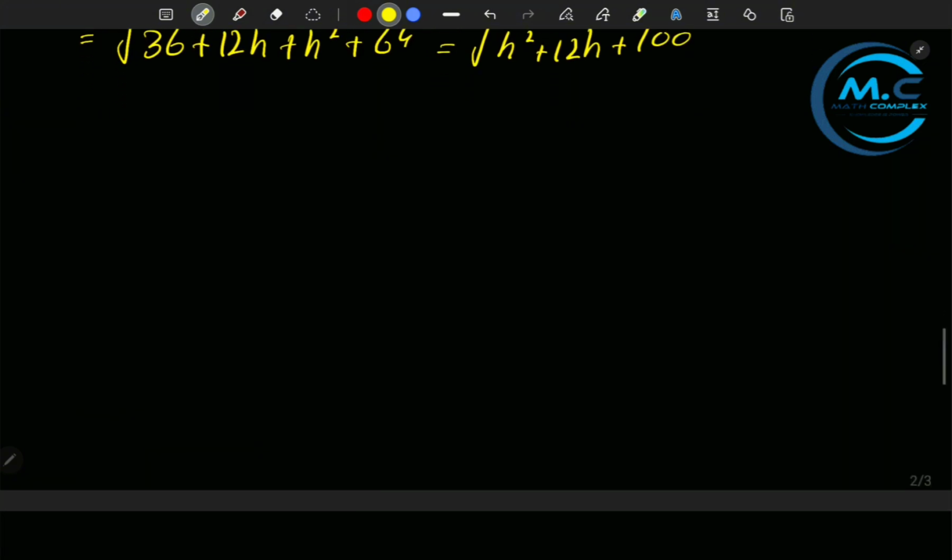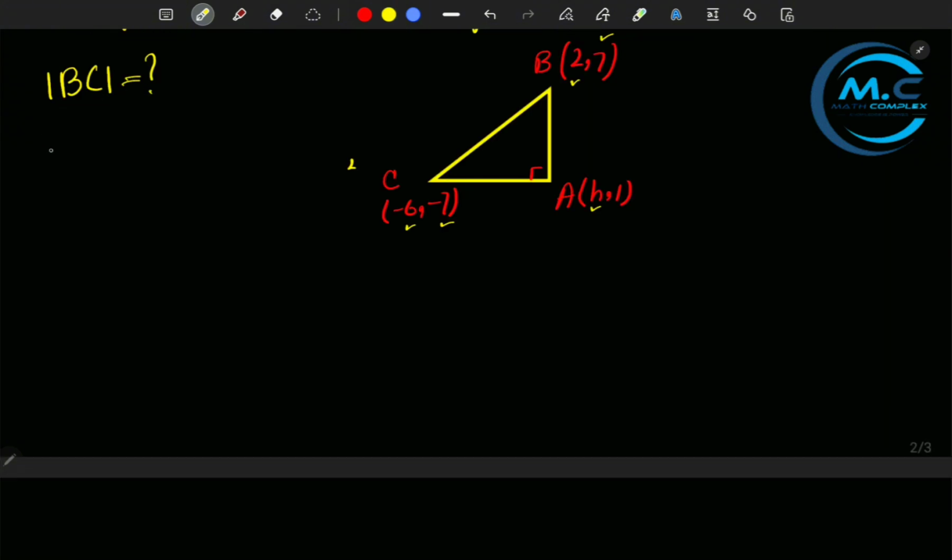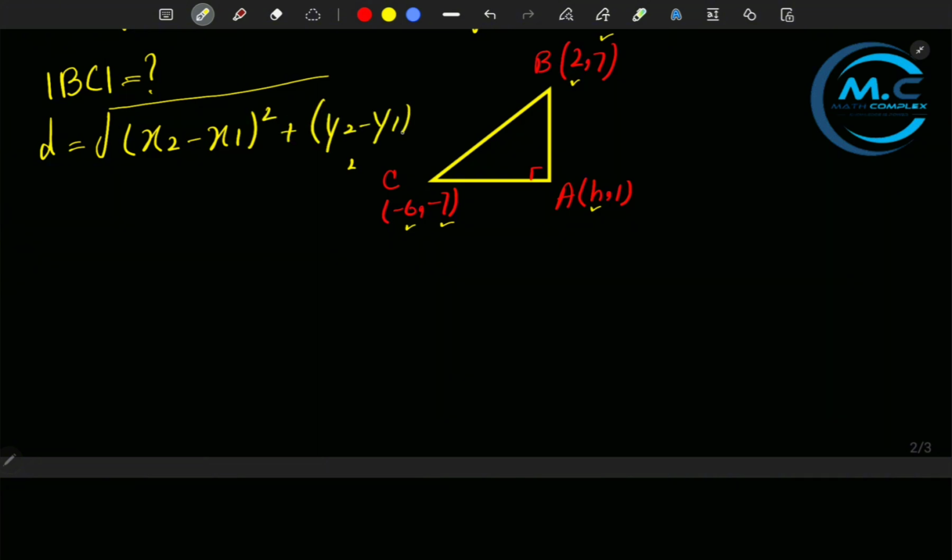Now we will find the length of side BC. For finding the side BC, we will apply the distance formula stated as (x2 minus x1) whole square plus (y2 minus y1) whole square.